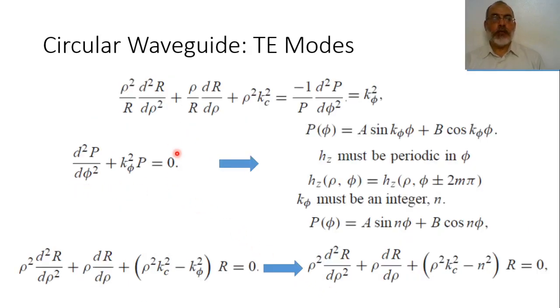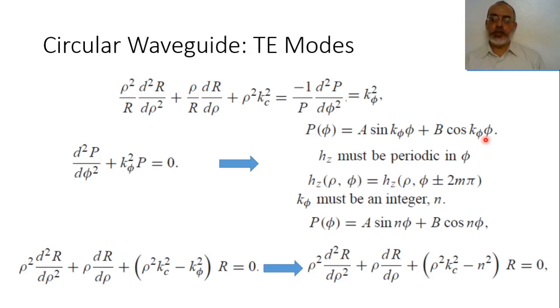So we have an elementary differential equation of phi, which is d squared B over d phi squared plus k phi squared B equals 0. The solution of this equation is simply B as a function of phi, which can be A sine k phi multiplied by phi plus B cosine k phi multiplied by phi.